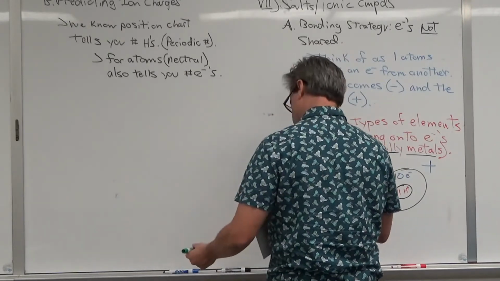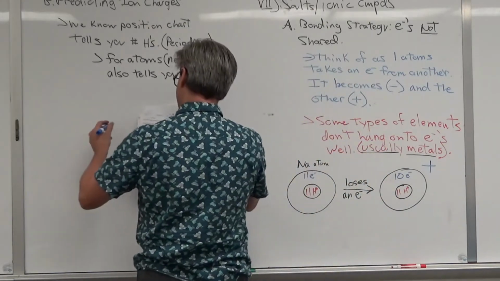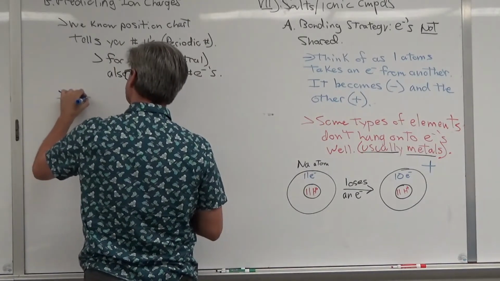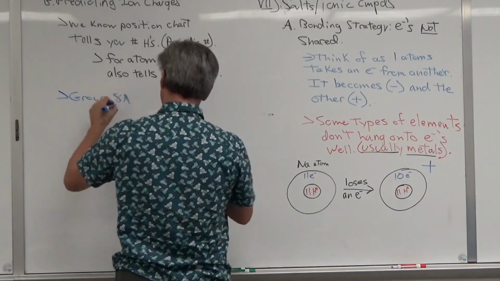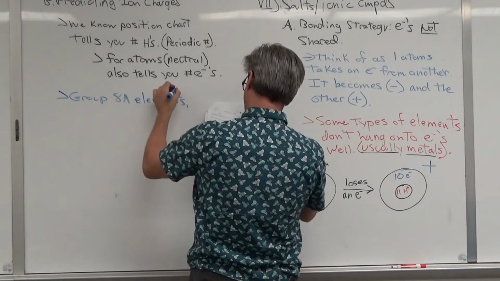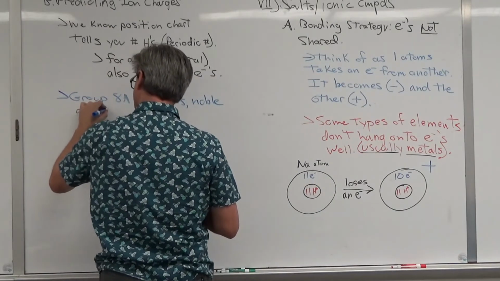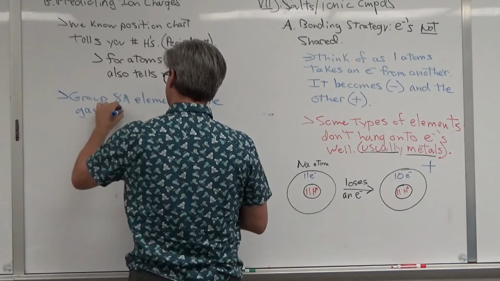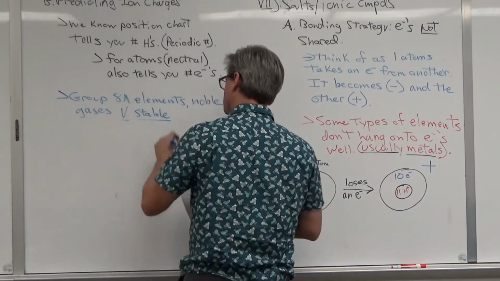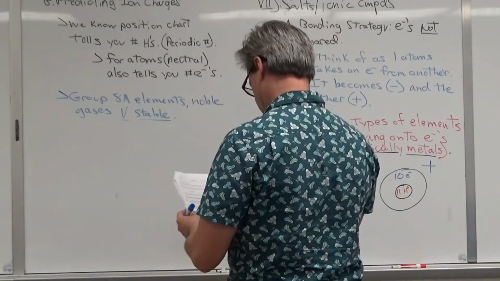Now these noble gases. What's a noble color? A noble color, I guess, is blue. Group 8A elements, the noble gases, are very stable. That's what I meant by they have sort of the best configuration of electrons.